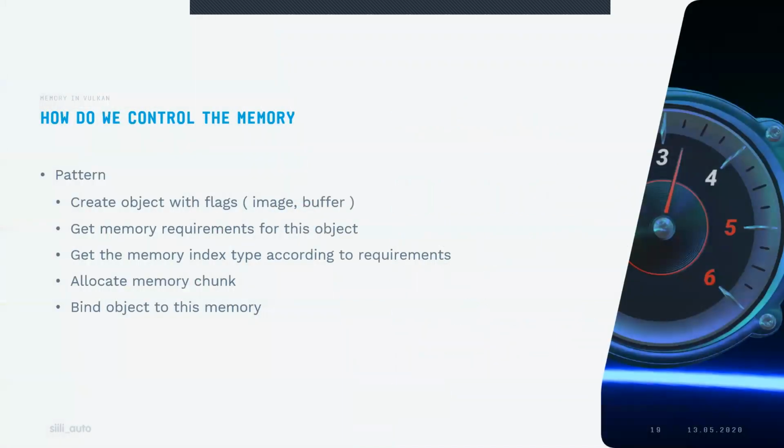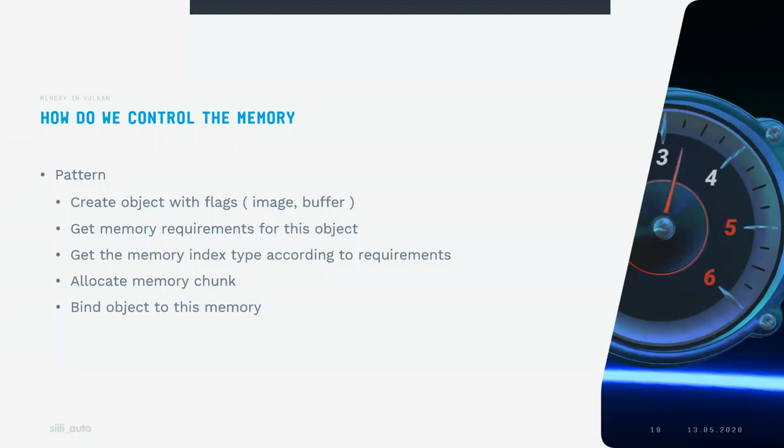The basic pattern when uploading data for a Vulkan buffer or Vulkan image is that you create an object with some flags. You ask Vulkan for memory requirements for this object. You ask a Vulkan instance technically, but we will not go into details. Then you ask for a memory that meets these requirements.